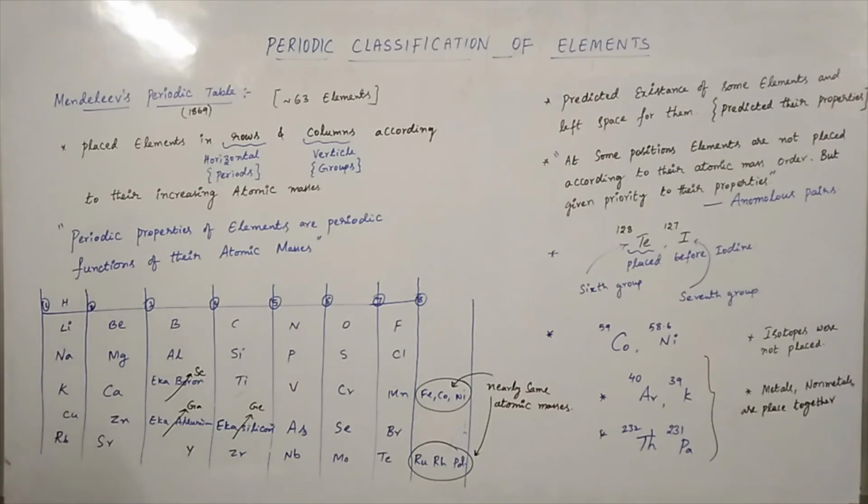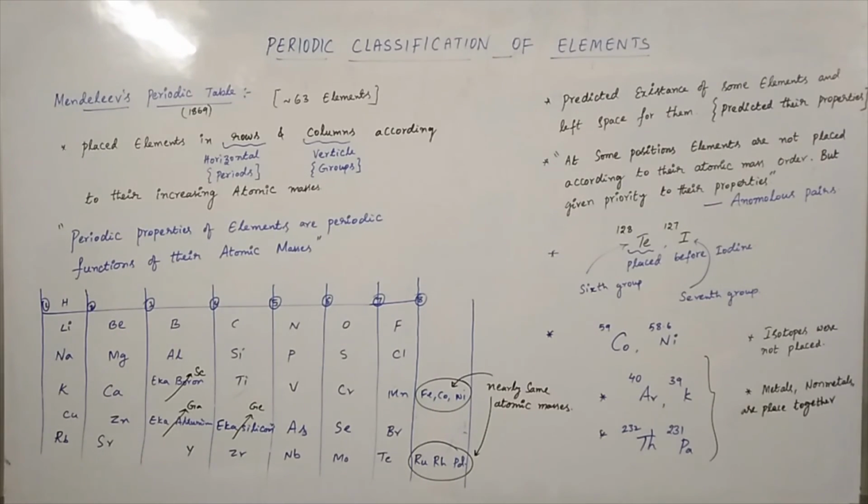Next we study the modern periodic table, whereas Mendeleev's table is based on atomic masses. The modern law says properties of elements are periodic functions of their atomic numbers. We already discussed that in the atomic structure chapter. When we plot a graph of square root of frequency versus atomic number, you get a straight line, not starting from the origin, with a positive slope, right?